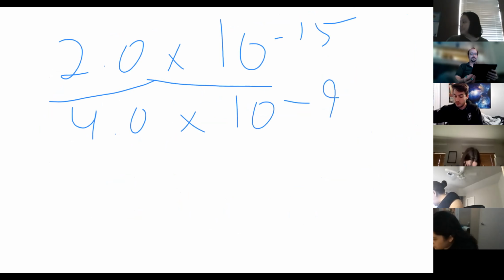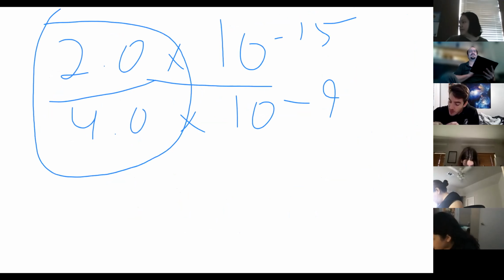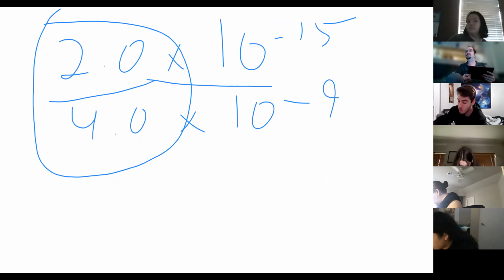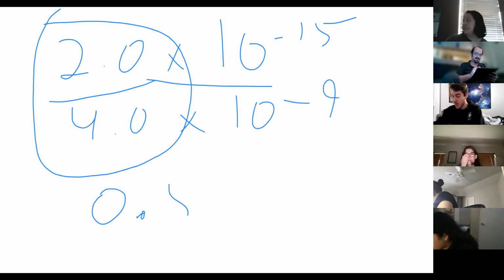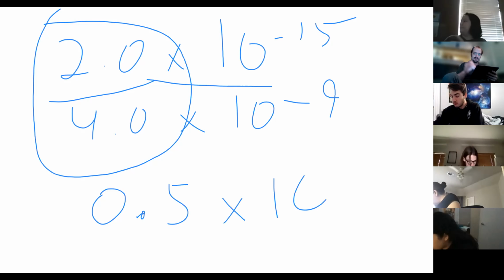Same sort of approach we took last time, right? Yes. 2 over 4 is going to give me what? 0.5. That's half. And in this case, the power is going to change.